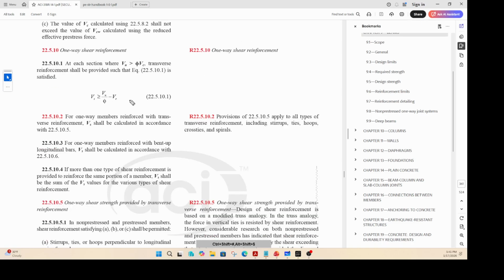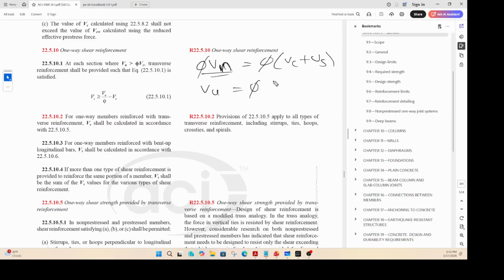Okay, so this is the thing I was looking for. Now like I said, Vn nominal is Vc plus Vs. We know how to calculate our Vc. Usually it is 2 root Fc prime Bw into D. How do you calculate your Vs? If you rearrange this equation, phi times Vn is equal to phi times of Vc plus Vs. So this is nothing but Vu.